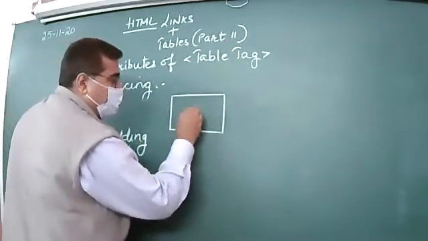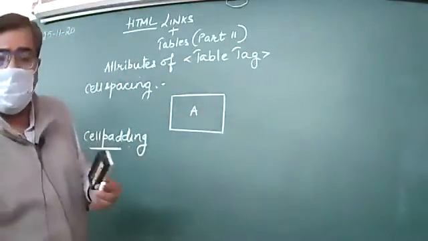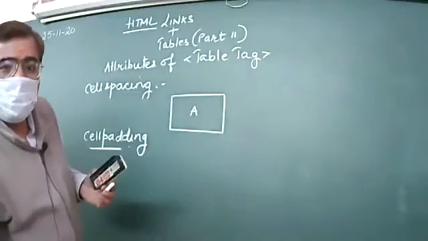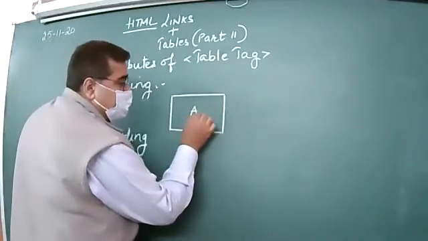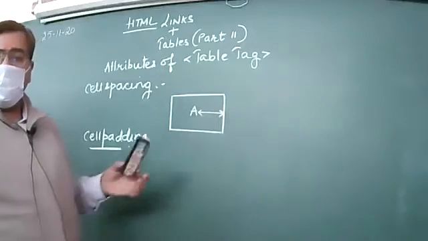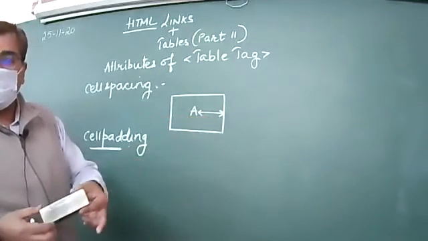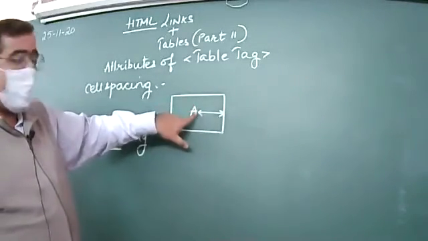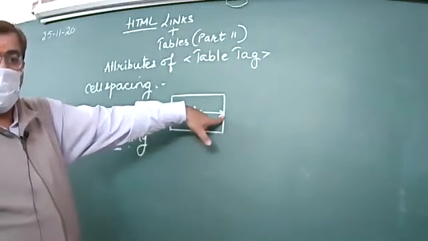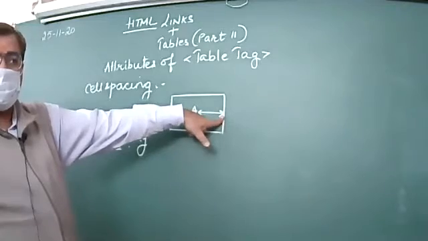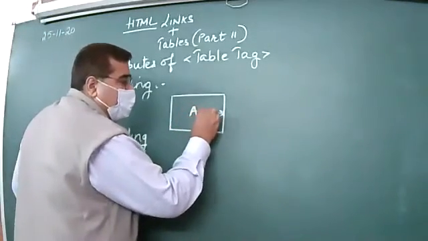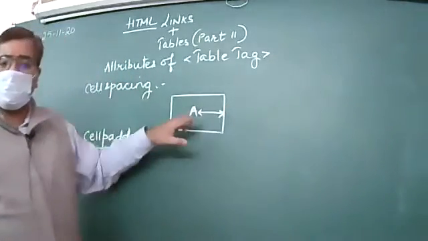This is the content of the cell, right? Now, cell padding means the gap between the content and the cell border. Carefully see this arrow. This arrow is showing the gap between the content of the cell and the border of the cell, or you say edge of the cell.